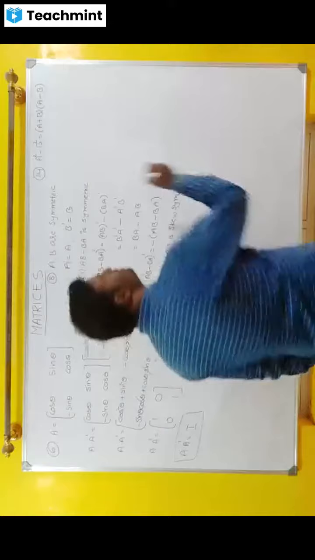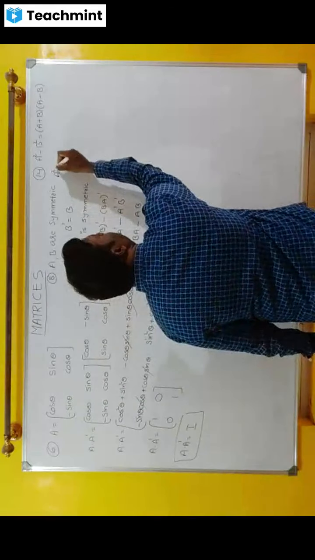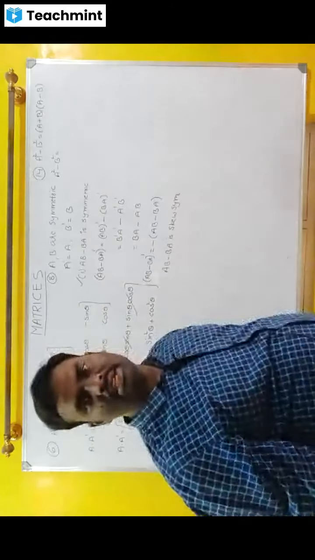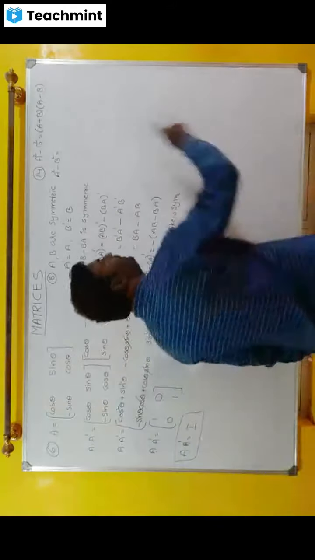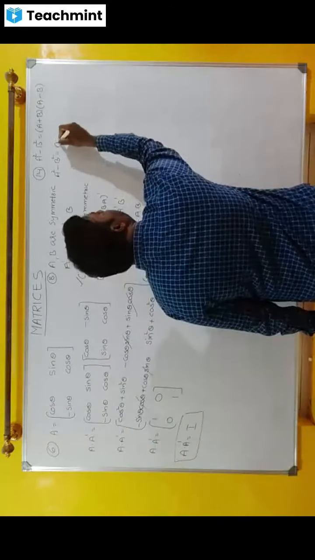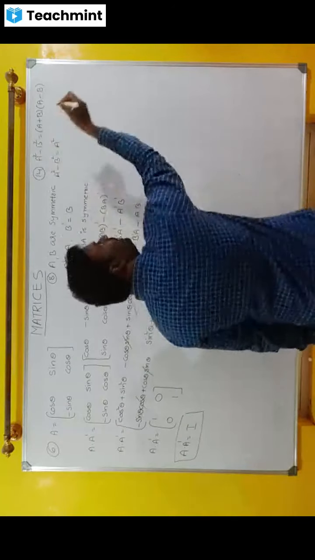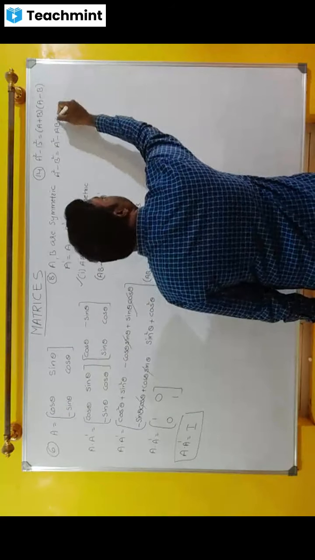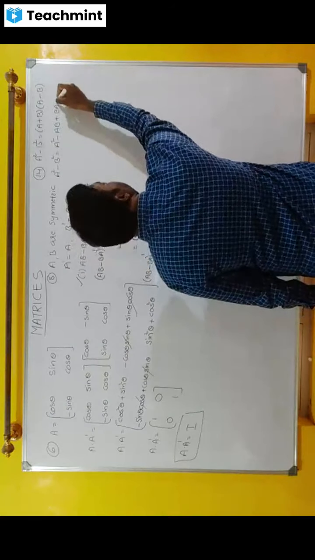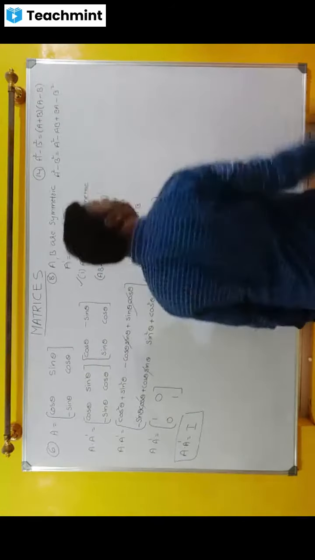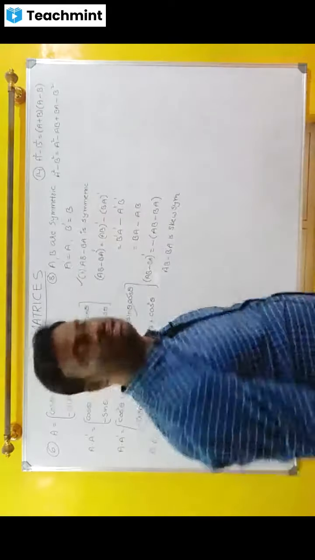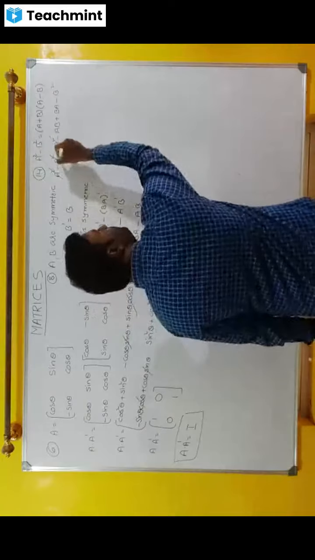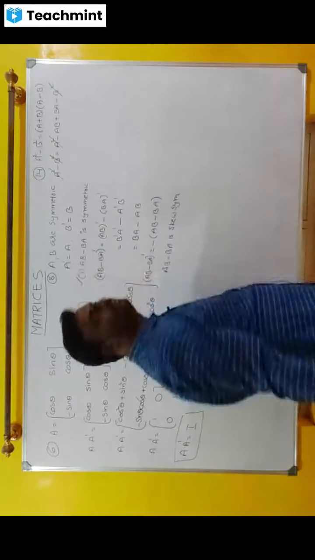A square minus B square is equal to, I will multiply these two, A plus B and A minus B. A into A, A square; A into minus B, minus AB; B into A, BA; B into B, B square. Now A square gets cancelled, B square gets cancelled.